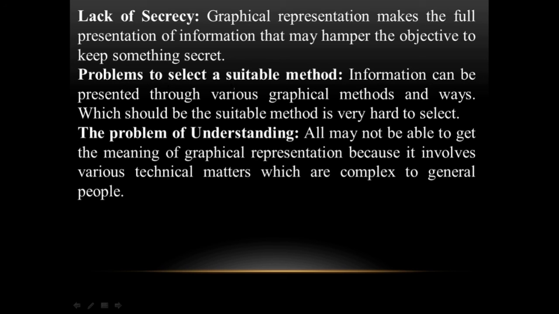Next, problem to select a suitable method. Information can be presented through various graphical methods and which should be the suitable method is very hard to select. And last, the problem of understanding. All may not be able to get the meaning of graphical representation because it involves various technical matters which are complex to general people. Thank you.